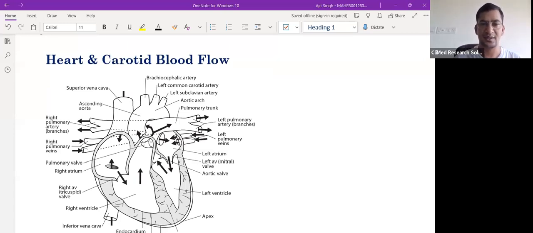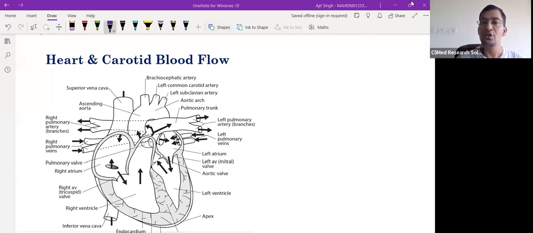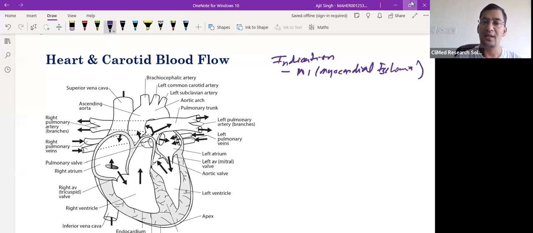So usually when I'm talking about these antithrombotic drugs, there are multiple indications. First is MI, that is myocardial ischemia. And then second is stroke.